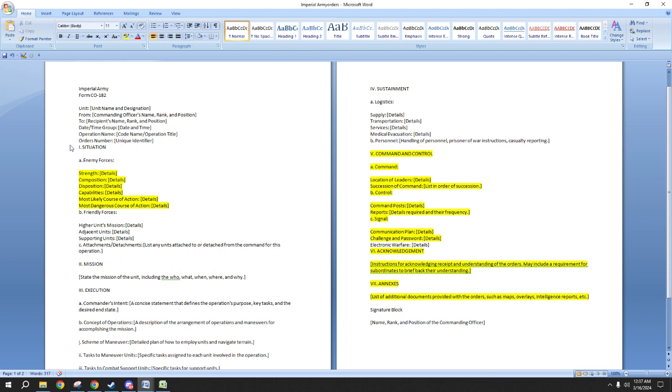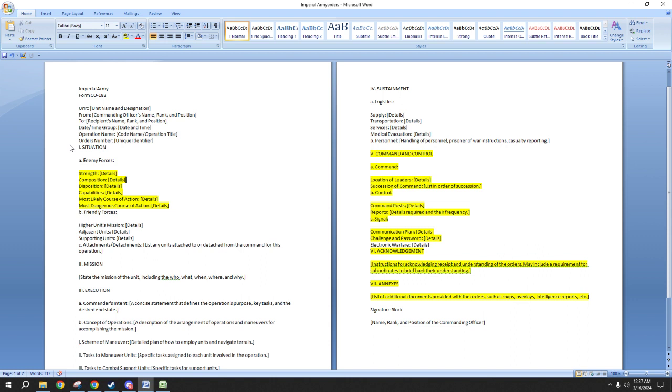That's why, at the very least, strength, composition, and disposition would be helpful. Strength should be fairly obvious. It's how many men and vehicles are in the unit that you're attacking, even if it's an approximation, even if it's intelligence that may not be completely accurate. Put that down, or a guesstimate.